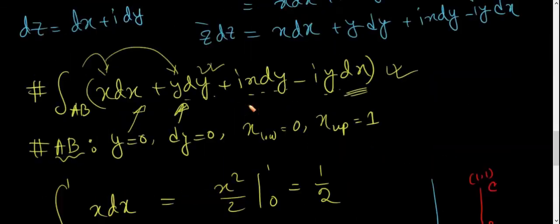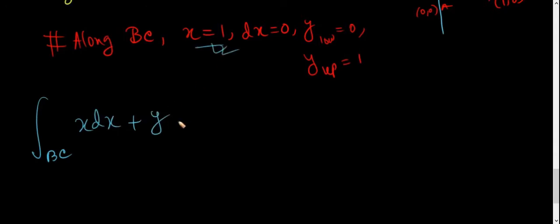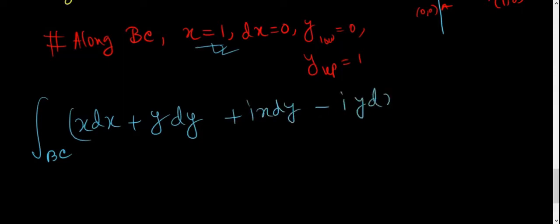So similarly, like before, you have to write this whole thing down. So let's do it. This will be BC, and you'll have your x dx. I'm gonna write the full thing down, and then I'm gonna use these parameterizations to simplify this expression. y dy plus i x dy minus i y dx.